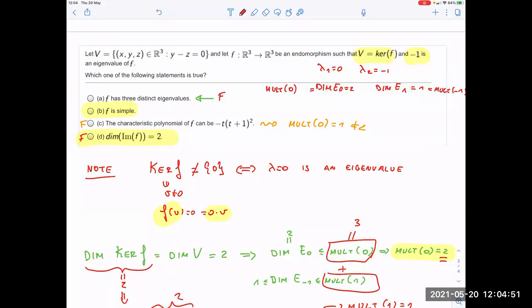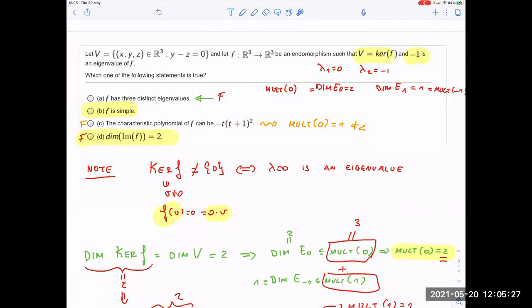Beatrice Grassano is explaining why she said that C and D are equivalent. She says that if C is the characteristic polynomial, then 0 is a simple eigenvalue, so the kernel has dimension 1, and so the image has dimension 2.